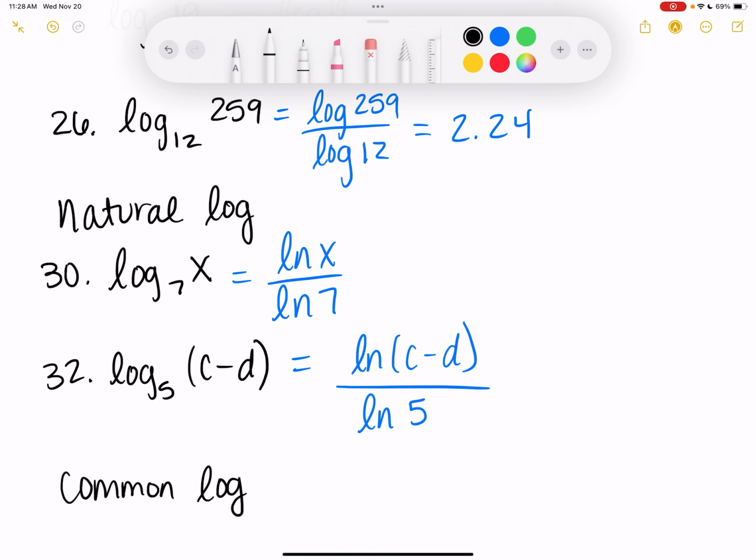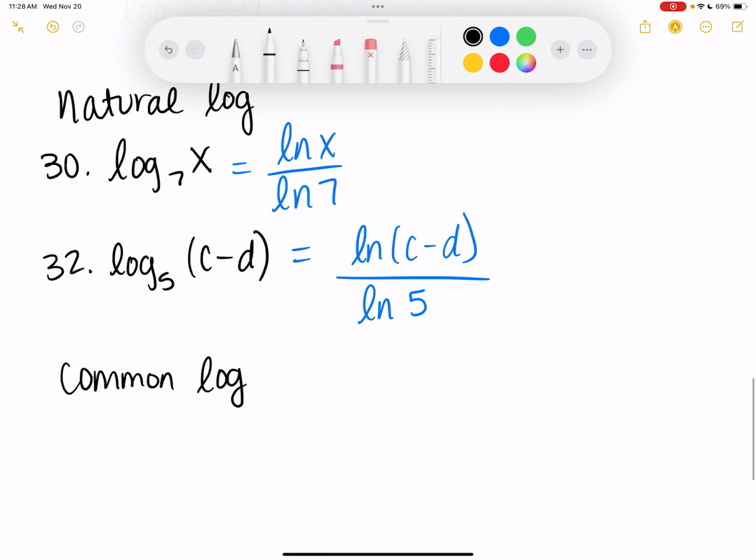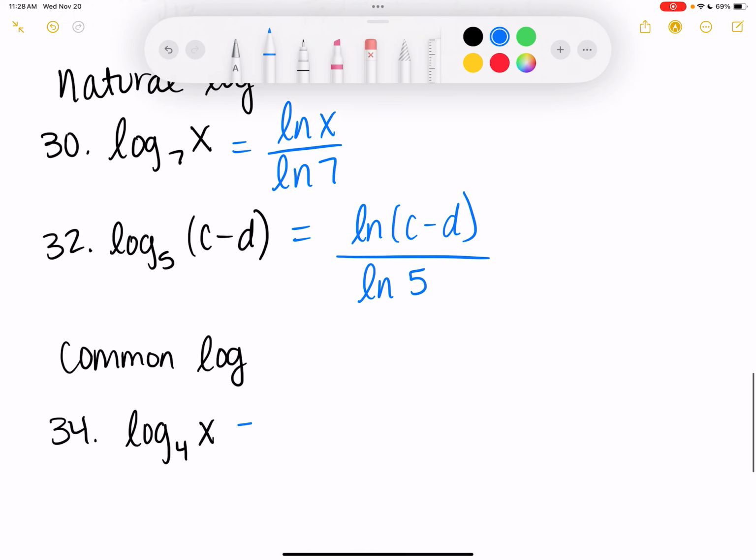So I'm probably only going to do one of those because we already did those ones up there. But if you had the common log, so like 34, log base 4 of x, and I was going to rewrite this with common logs, it would just be log of x over log of 4, like that.